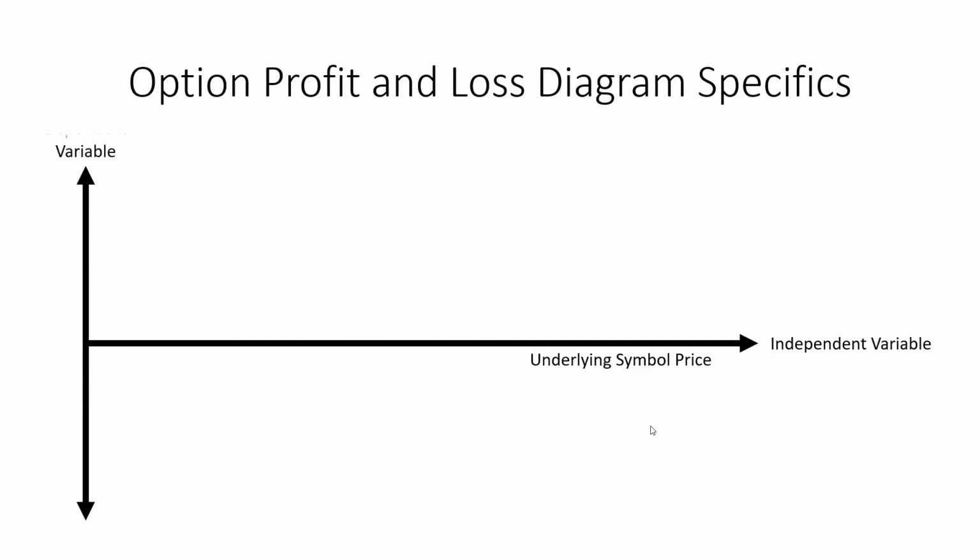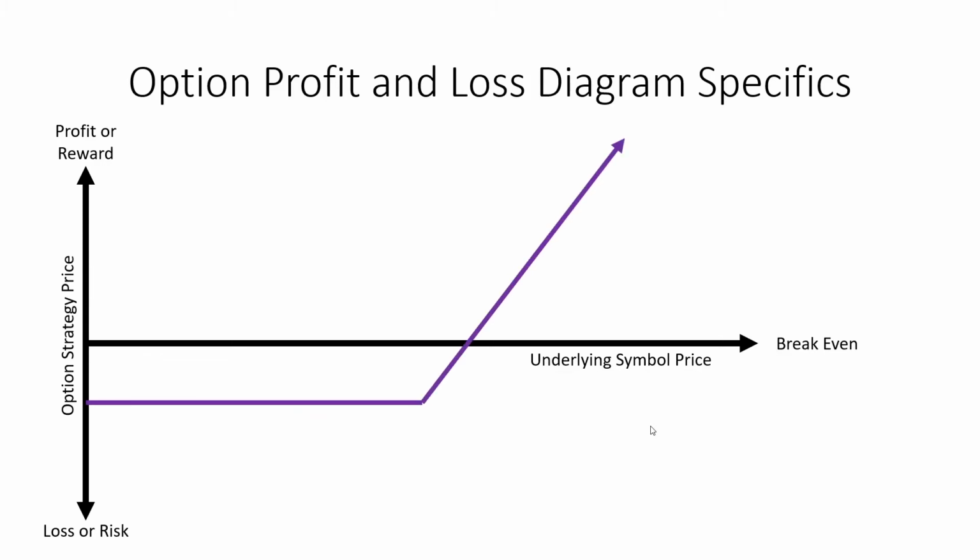Then we've got our y-axis, which is generally where we put our dependent variable. In this case, it's going to be our option strategy price or value. Now, where that zero line is on the option strategy price, that's going to be called our break-even line, where our option strategy breaks even. Anything above that line is going to be considered profit or reward. Anything below that line is going to be considered a loss or a risk.